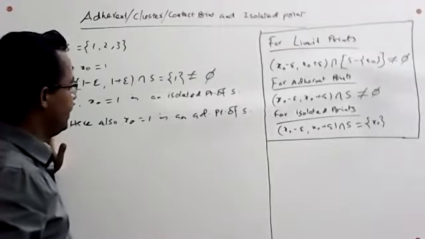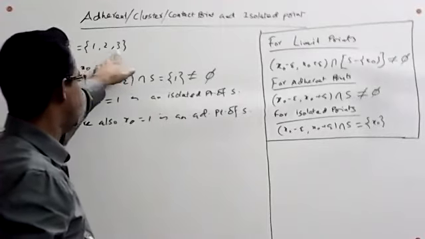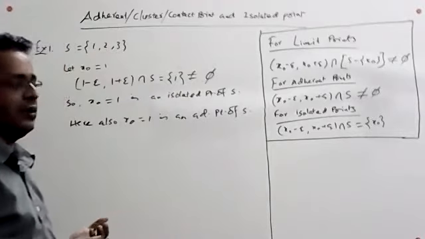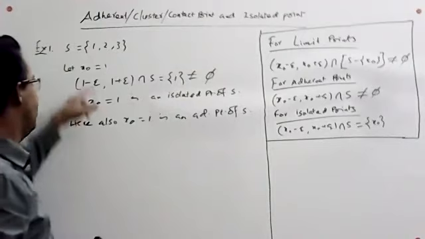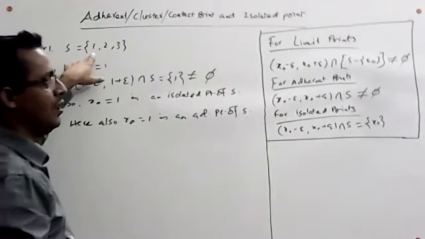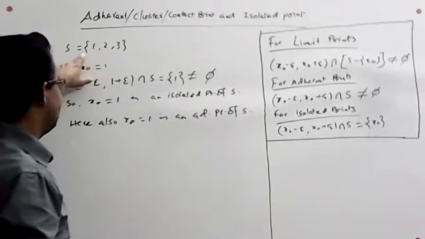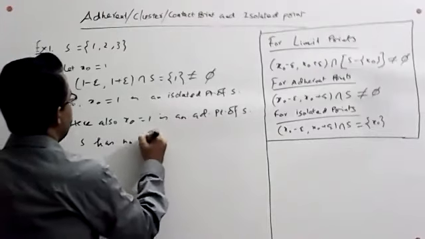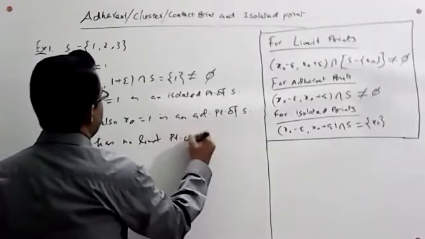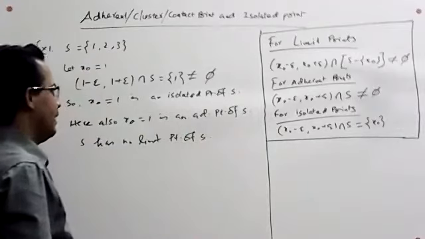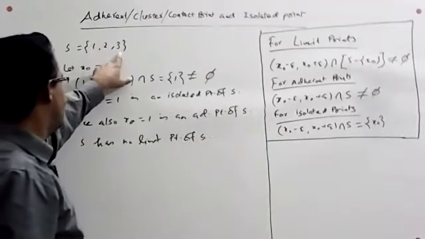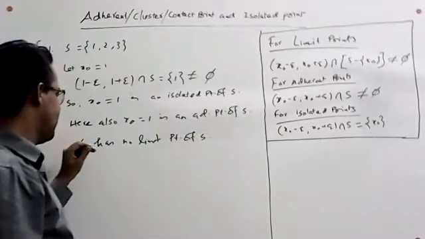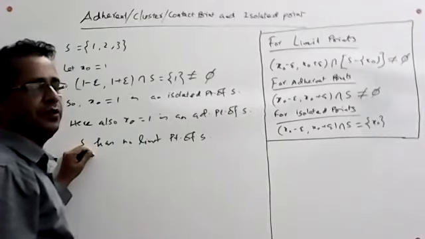Now we check whether 1, 2 or 3 are limit points of this set, or whether this set has a limit point or not. We know that a finite set has no limit point. So S has no limit point. So every number of this set is an isolated point and also an adherent point, but these numbers are not limit points of this set.